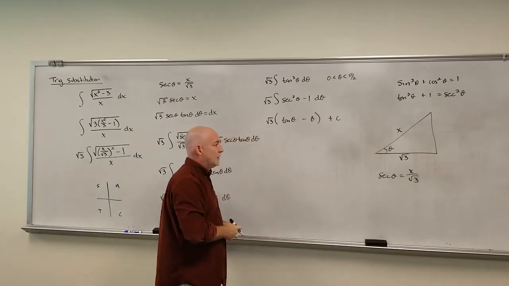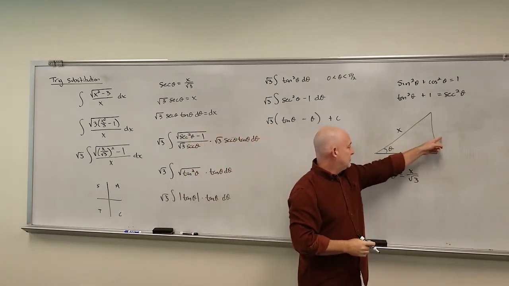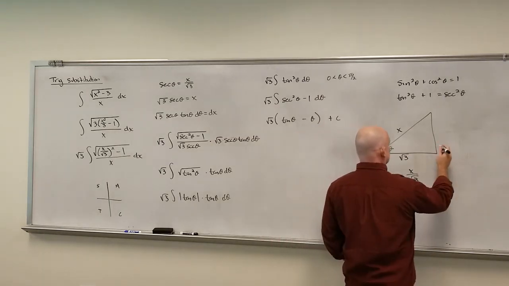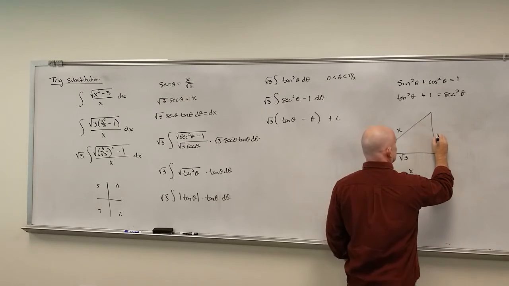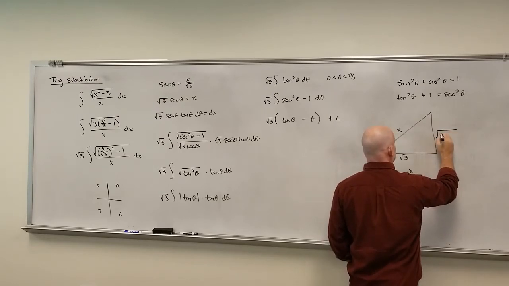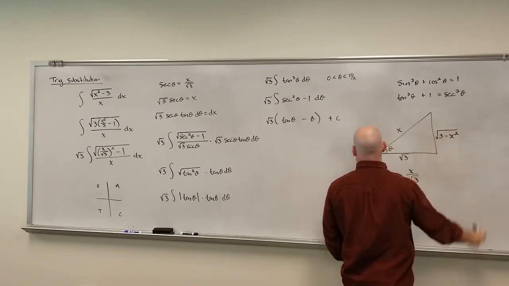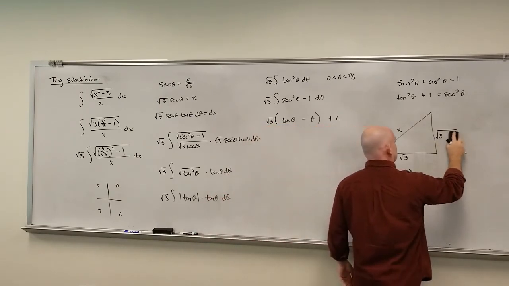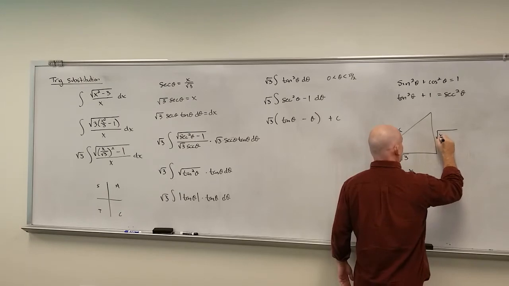Using your Pythagorean theorem, a squared plus b squared equals c squared, if you solve for this side, you should get that this side is the square root of, oh, sorry, hypotenuse squared minus x squared, x squared minus 3. I did it backwards.